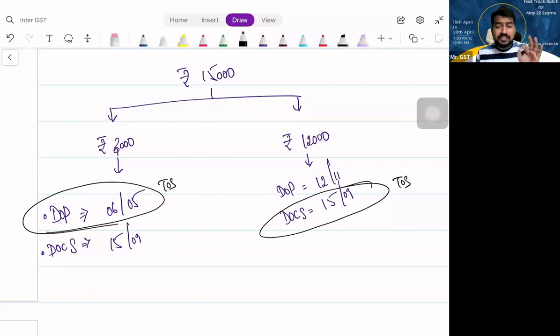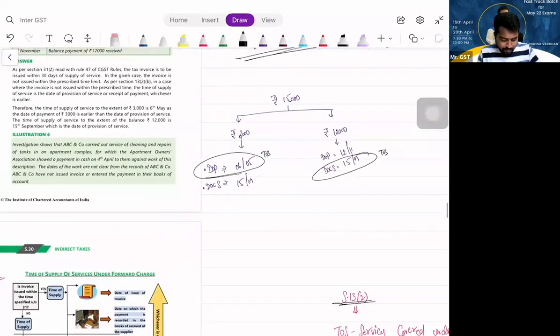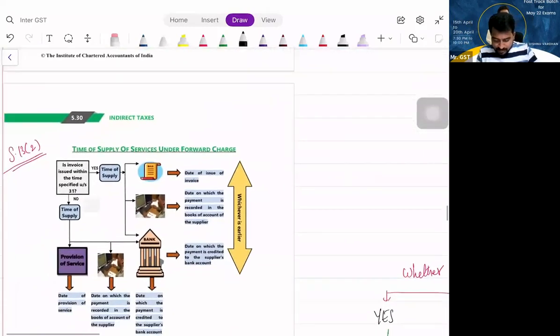Right. Now, what is the last subsection pending for us? Section 13, subsection 3. Subsections 4, 5, 6 are common; we will not discuss that. Before going to subsection 3, just take a screenshot of this one.